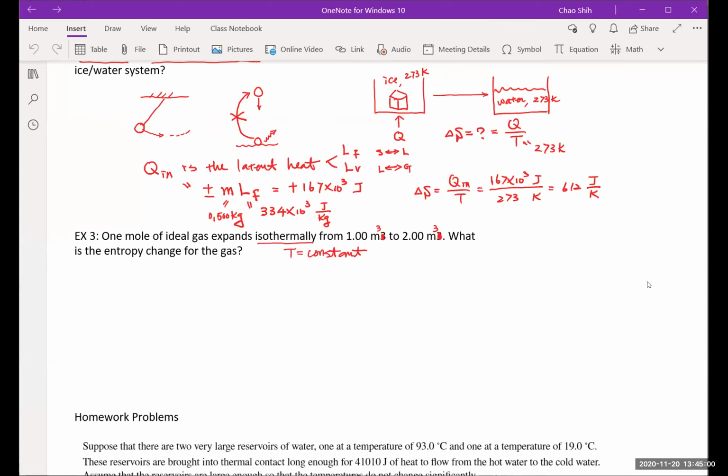But we want to find a change of entropy, which is equal to the Q in over T. Now we don't know T, we don't know Q. So how do we work on this? And this one, you have to go watch our previous lecture.